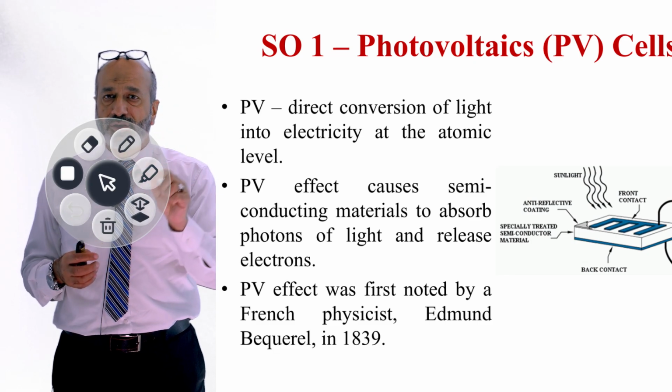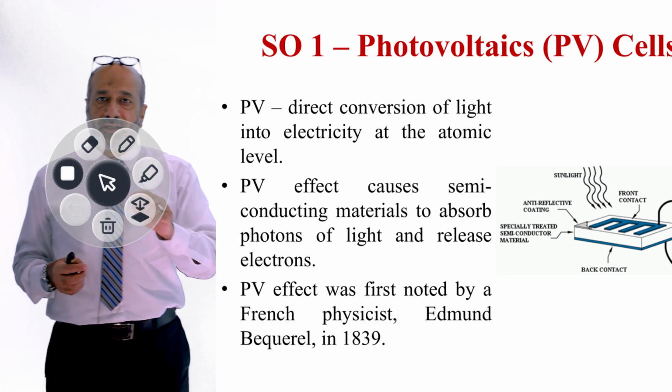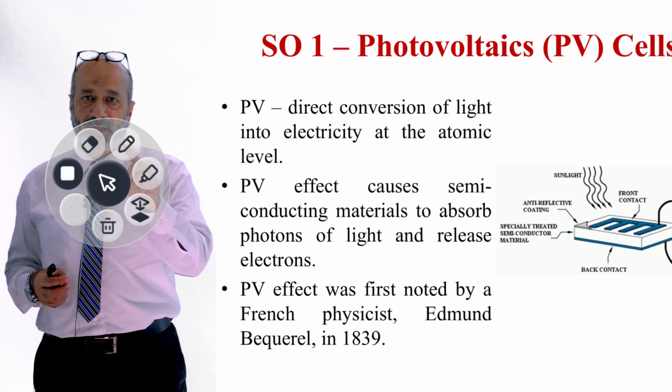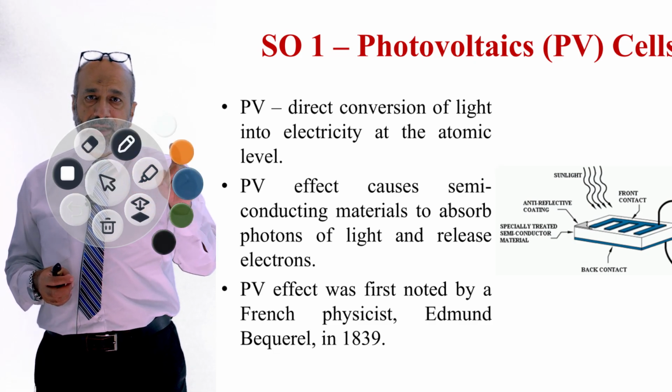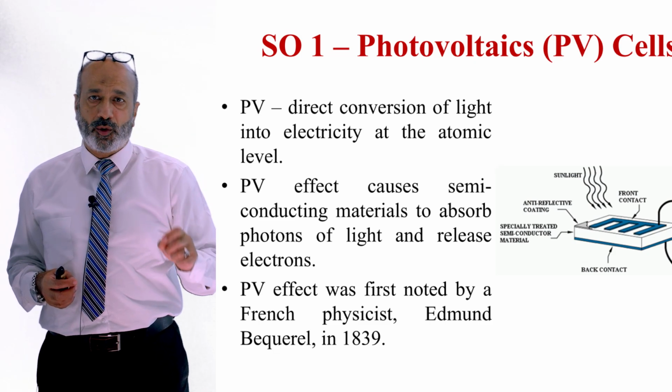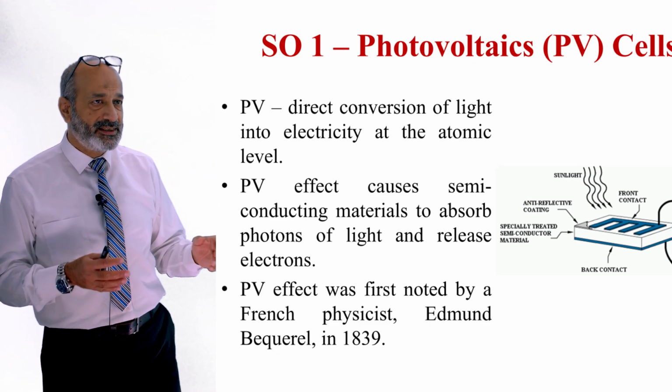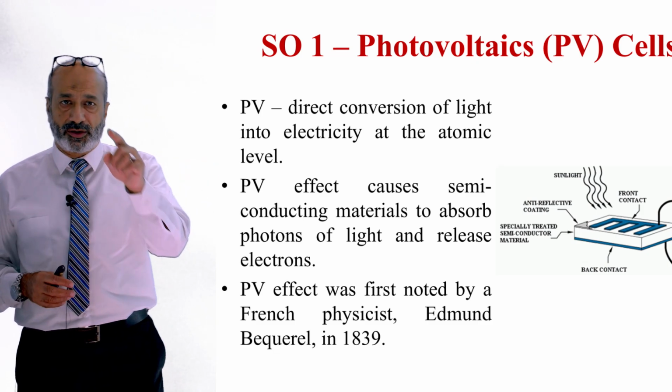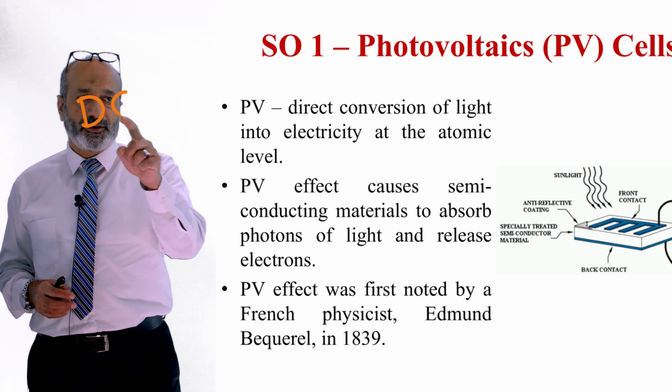how the direct current, which is the DC current, as I mentioned earlier, the photovoltaic or the solar cell is a DC current source. It's a current source, so direct current.